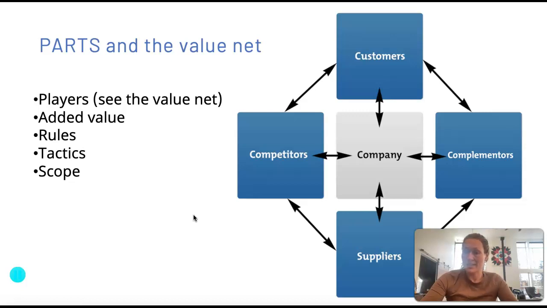What they give you is guidance on how to change the game to make sure you're in the best possible game, if that makes sense. So you can change those rules. You can change who's involved in the game. There are a number of different ways you can do that. So pay careful attention to how they're discussing the different players in the value net and different potential options to modify a game to make it more beneficial to you.